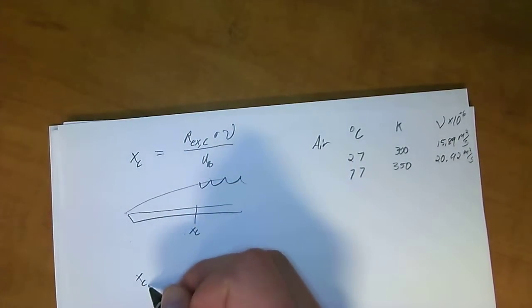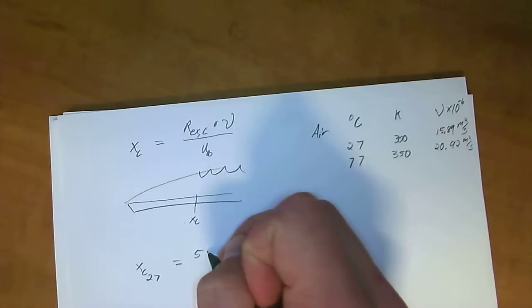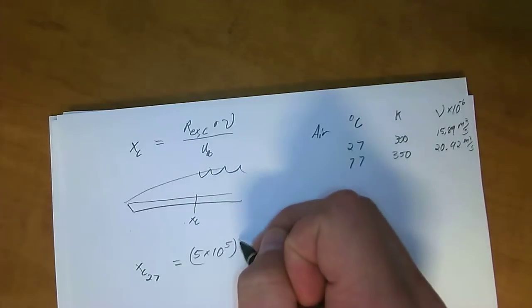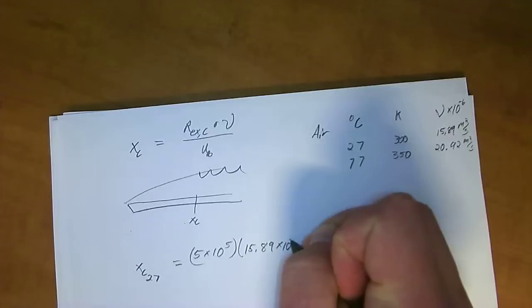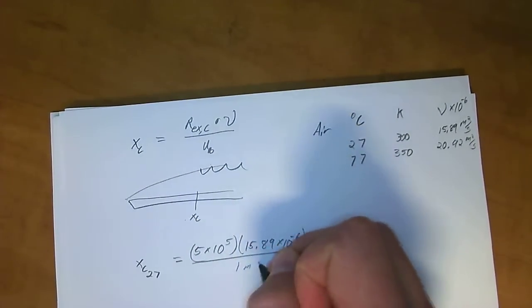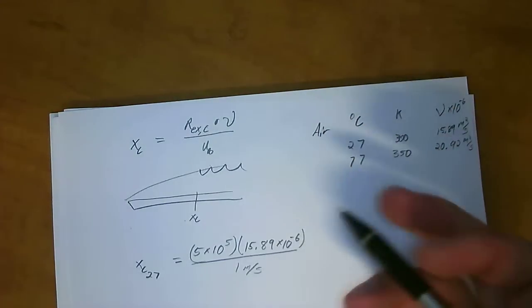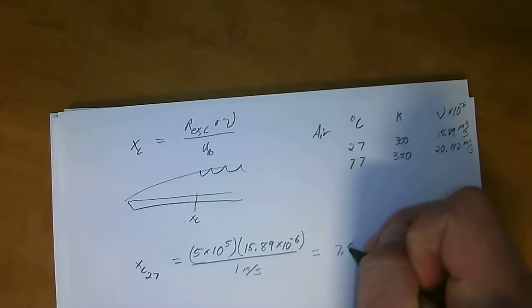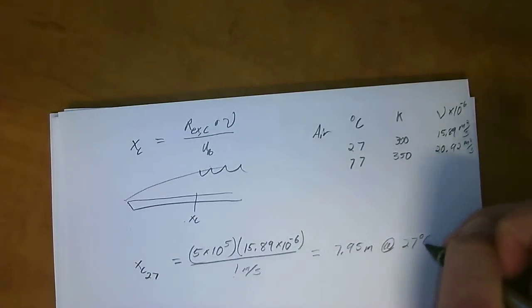So x_c at 27 degrees is going to equal 5 times 10 to the fifth, which is our critical Reynolds number, times 15.89 times 10 to the negative 6, all over 1 meter per second, which is u infinity. Out here in the world, everything else is moving at 1 meter per second. If you calculate that out, you'll end up with 7.95 meters at 27 degrees C.